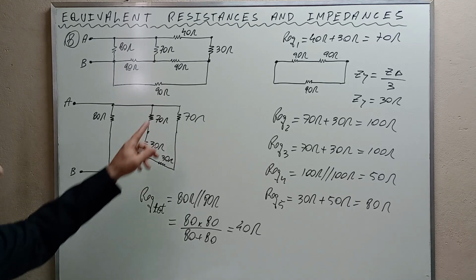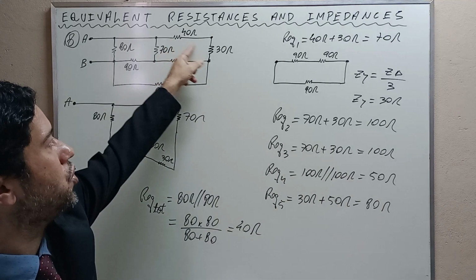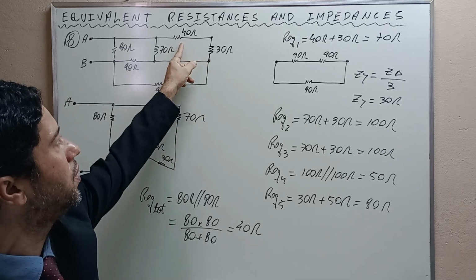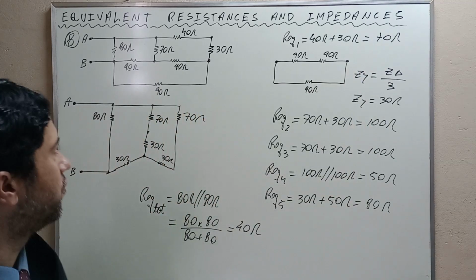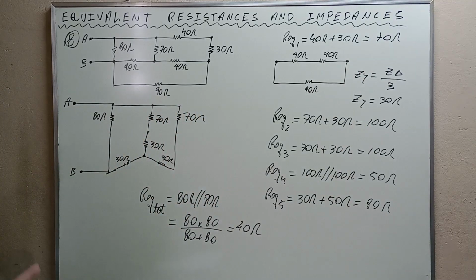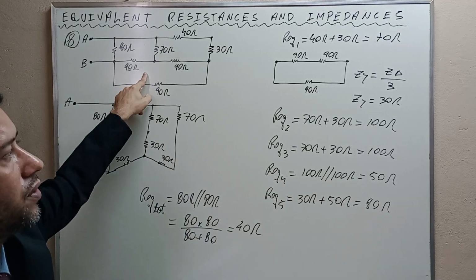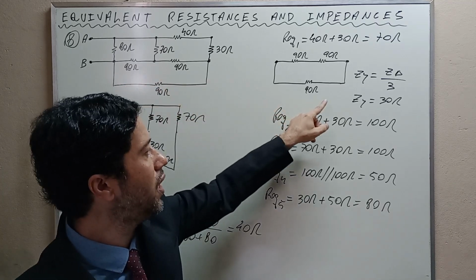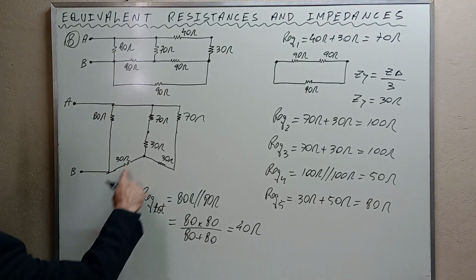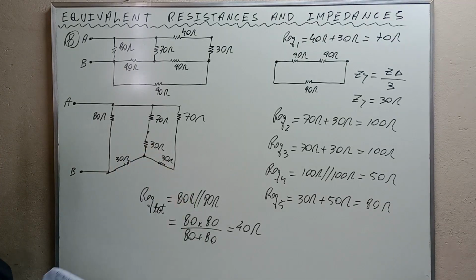We need to understand that initially we can only combine this 40 with this 30 and get 70, but afterwards, after doing this, we cannot do much. And the catch here, the insight, is to convert this delta connected set of resistances into a Y. Okay, this became here a Y, and from this we can reduce it further.